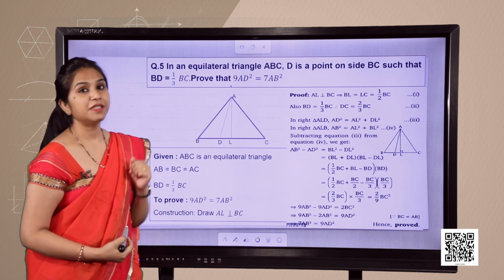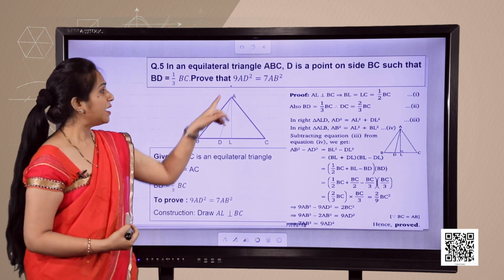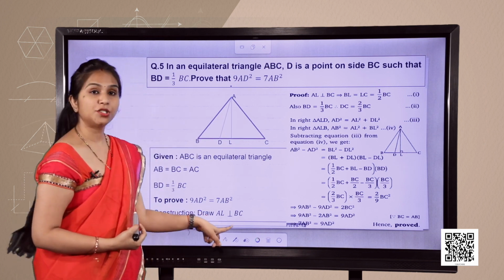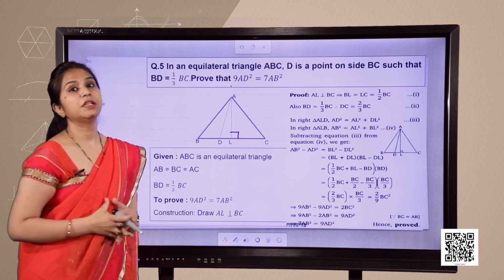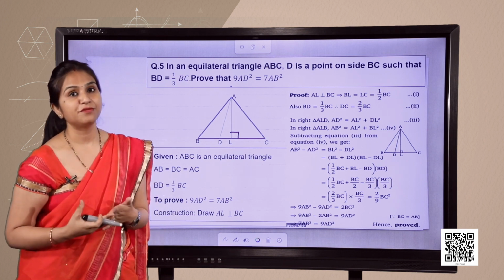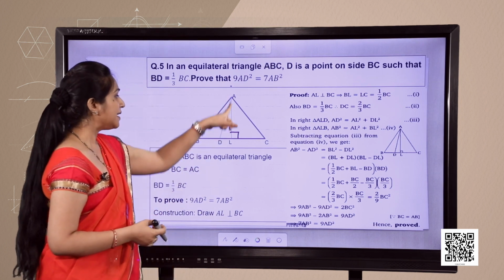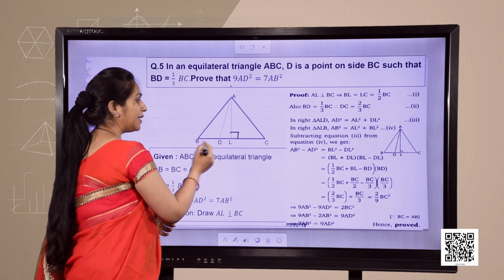Now, after this we are going to do one construction. In construction, we make AL perpendicular to BC, that is your construction, and when it is perpendicular, no doubt a 90-degree angle is formed at point L. Now, children, if AL is perpendicular to BC, what can you say about length BL?